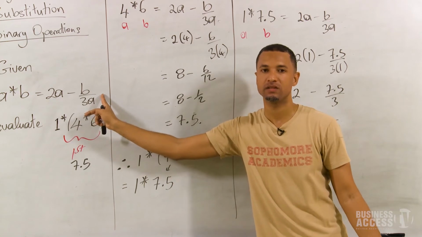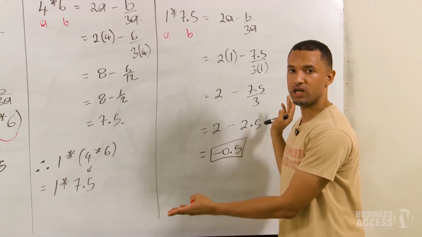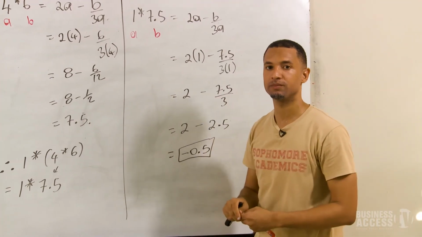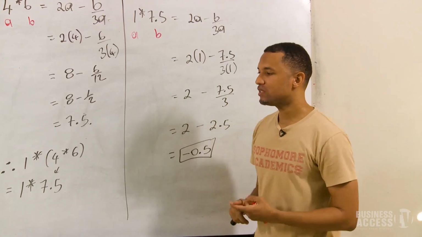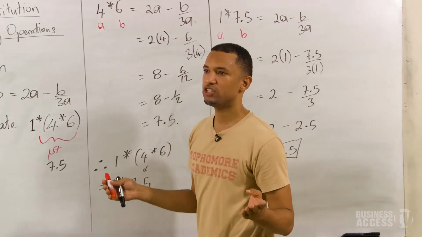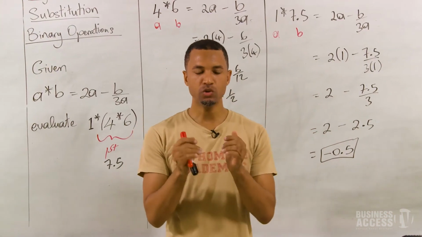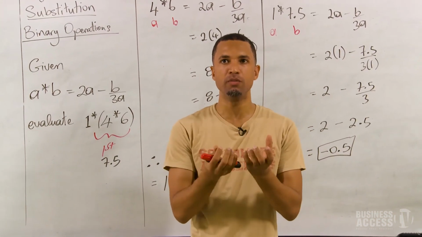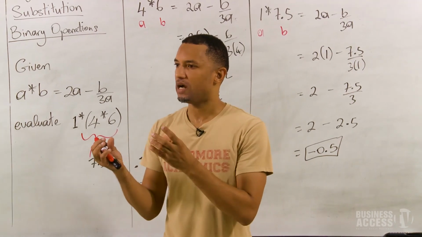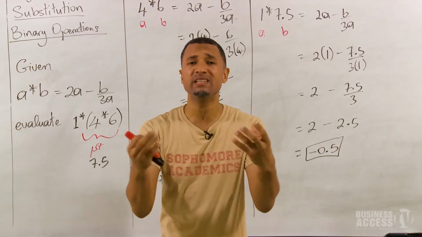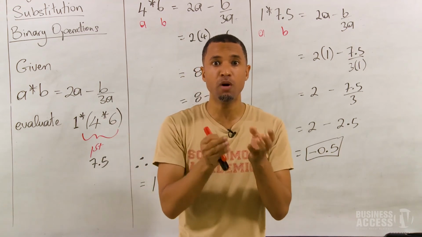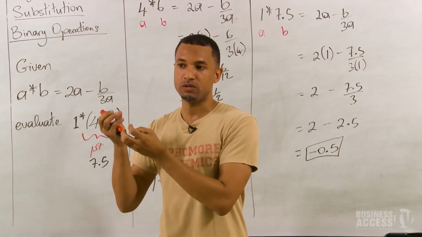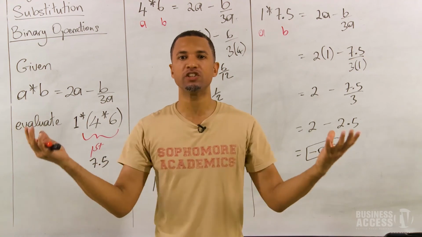Binary operations, substitution, working it in parts. Algebra is really just about using unknowns, using variables to replace, to put into sentences, to help us figure out, if actual values were here, how would things turn out?